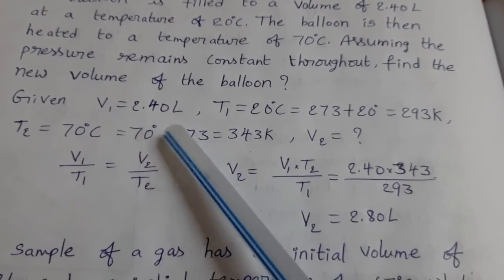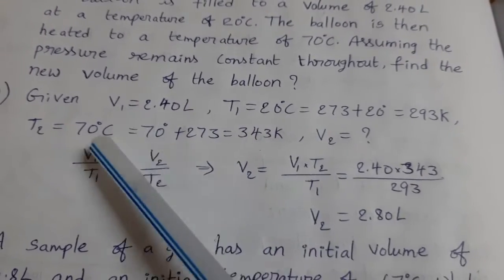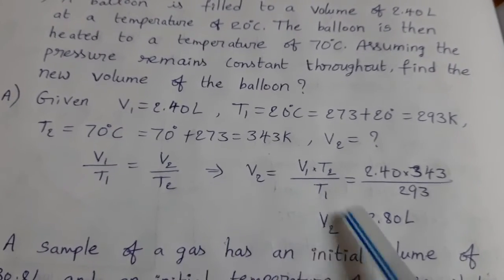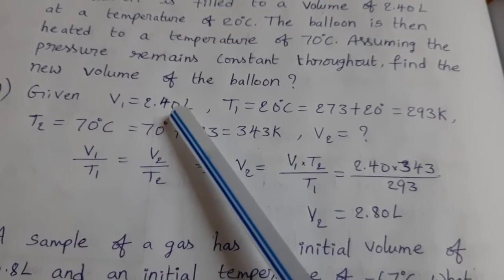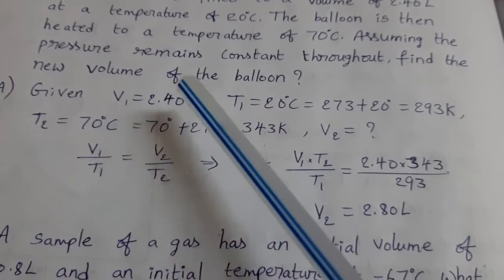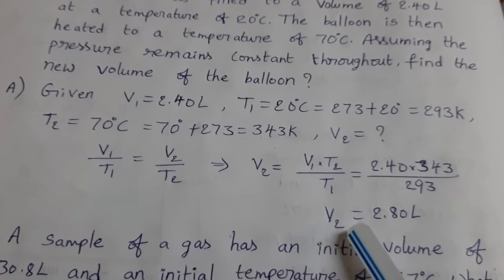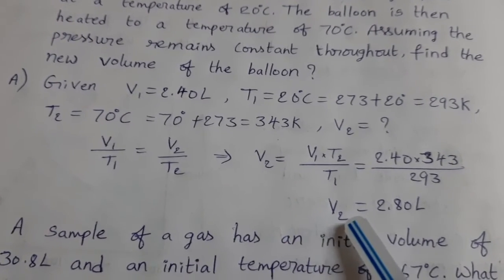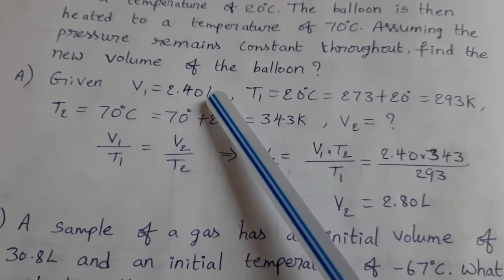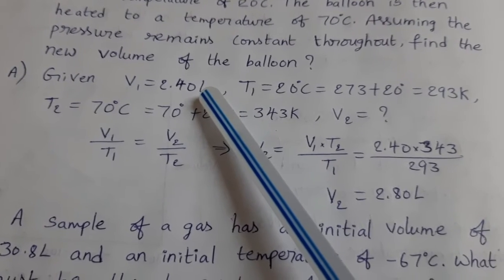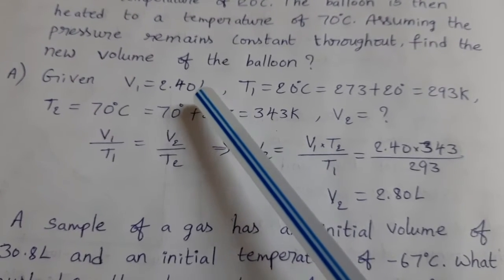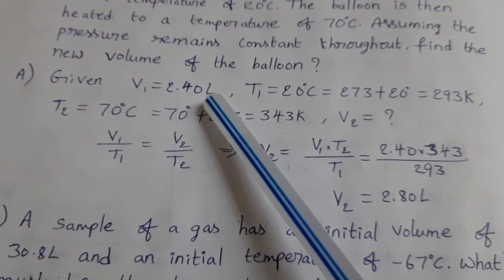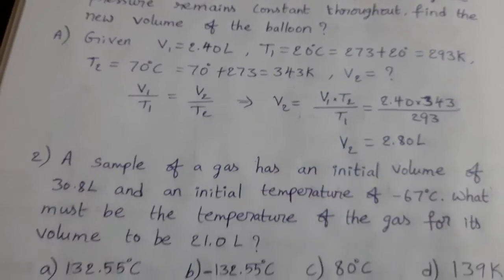Initial volume this one, temperature this one, final temperature this one. Final volume should be greater than this one, because here temperature increases, which means volume should increase according to Charles law. That's why if we get volume more than this value, then it may be correct. If we get less volume than this one, then that is wrong. In this way we can verify our answer.